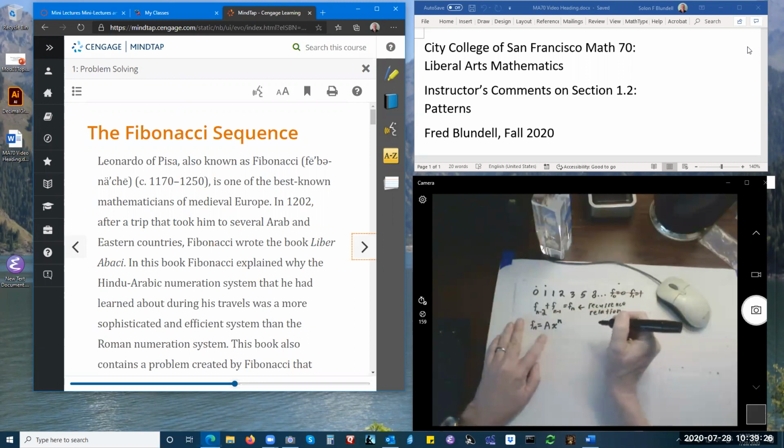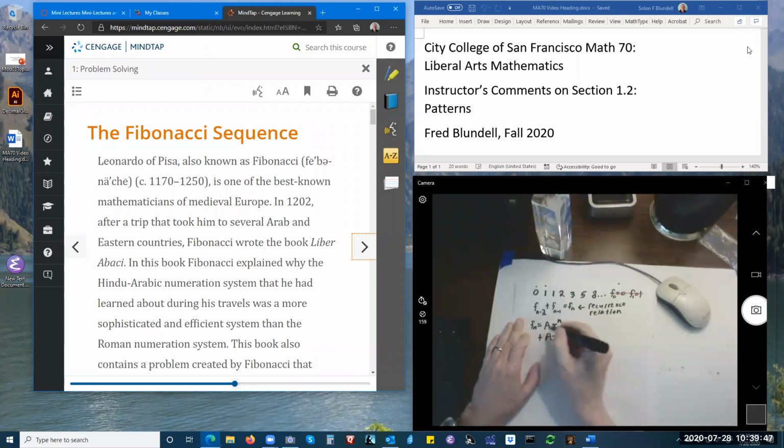And why would we even think so? Well, because if you put that in the equation here, you see, Fn would be a times x to the n, and Fn minus 1 would be a x to the n minus 1. And Fn minus 2 would be a times x to the n minus 2.